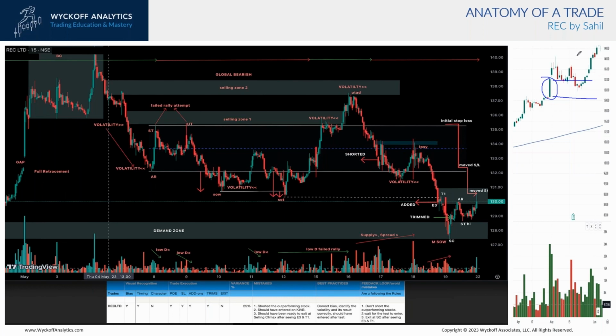So I could see how the thinking here, and notice where Sahil's got the two selling zones highlighted in his chart, looking at the achievability of price to move back into that area. And I think he's probably taking from that, certainly on a counter trend trade basis, the short bias that he's looking at here. So back to you, Roman.